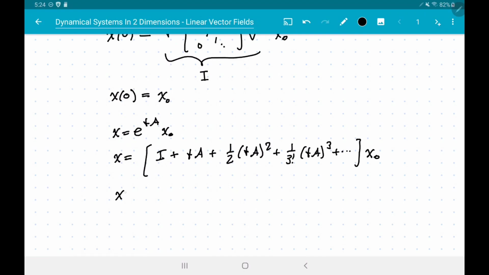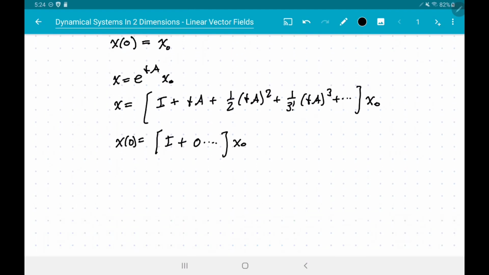So if I plug in 0 for t, I'll just get zeros all the way through. So that checks out the initial condition.